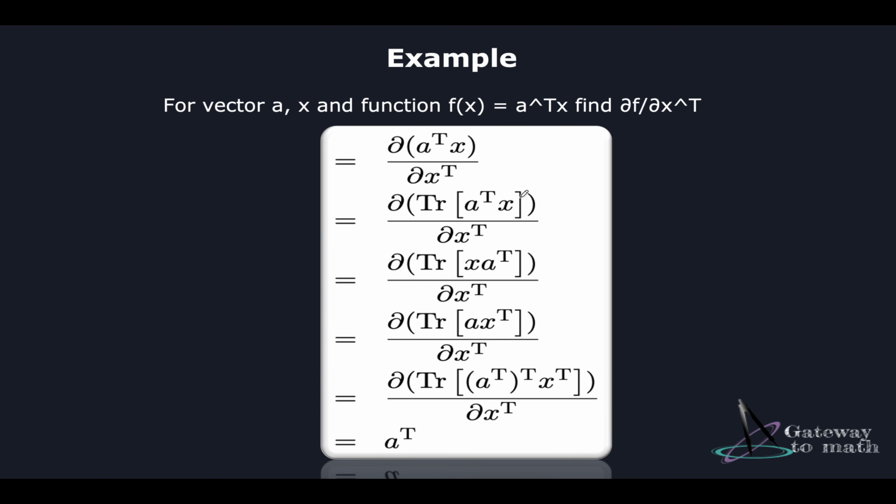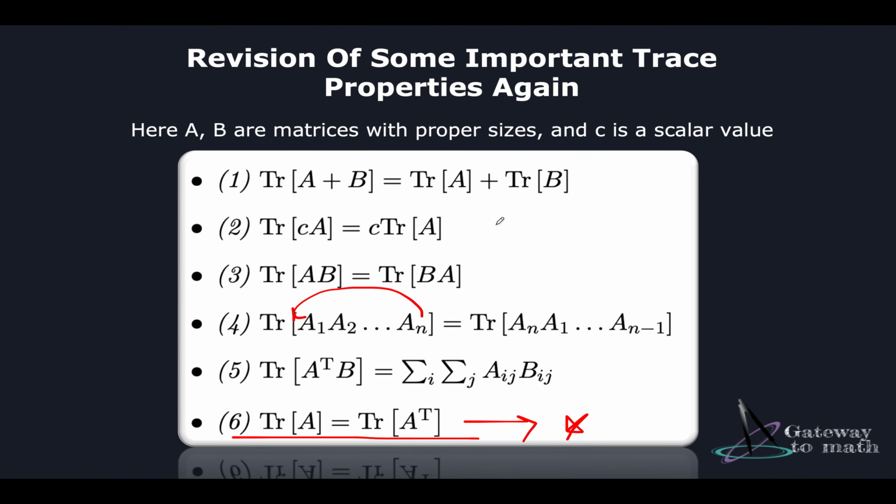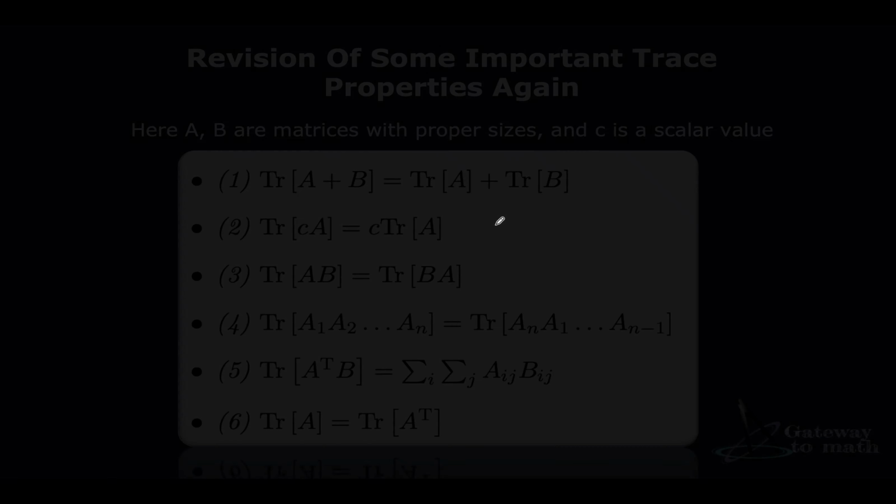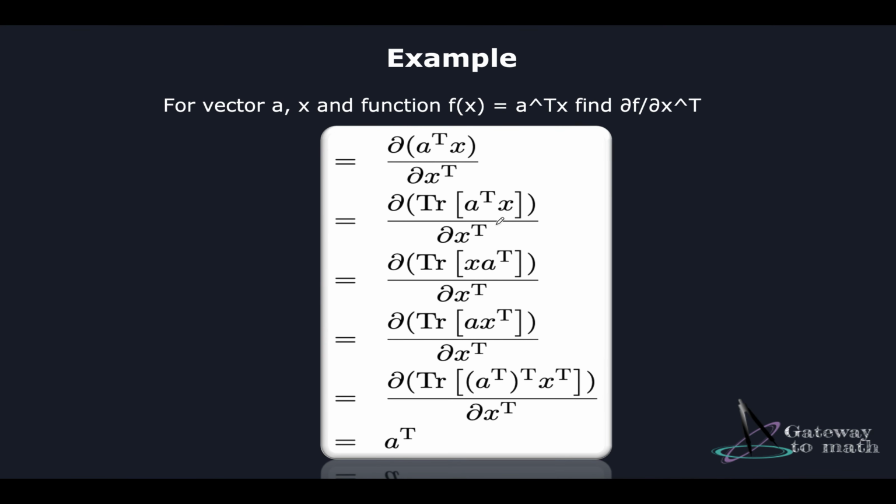When we are finding the partial derivative, we're going to be using all the properties here, okay, which we've already discussed a couple of times in the previous slides. I'll just keep switching back between the previous slide and this slide just to make sure which properties we are using. So now this value right here, transpose of a times x, can also be represented as trace of transpose of a times x, correct?